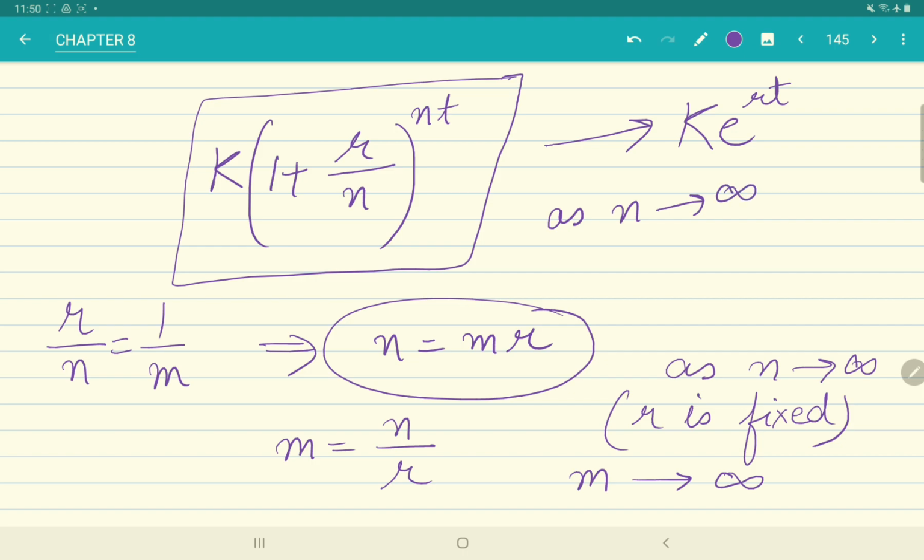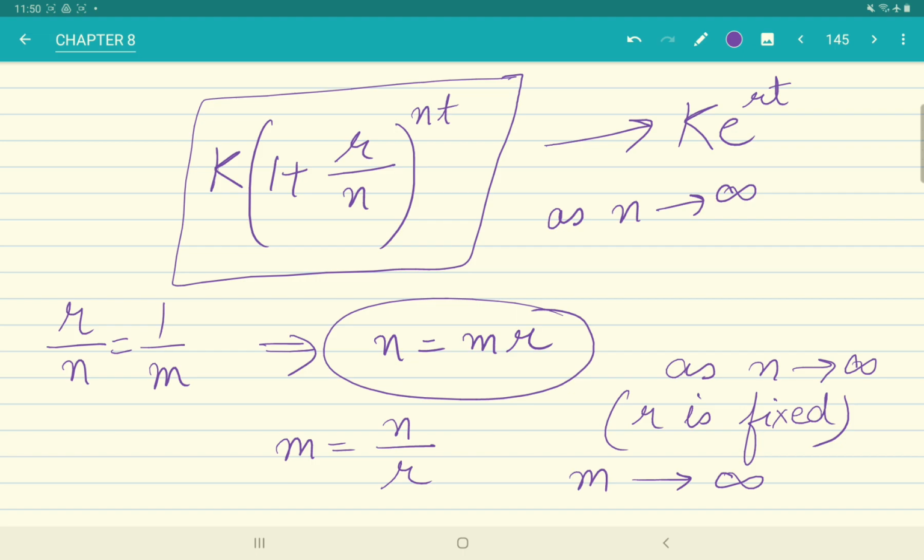So if we let n approach infinity, that means we think of the accumulation of interest happening more and more frequently. In that case, in the limit, we are actually thinking of continuous compounding. Compounding is occurring continuously.